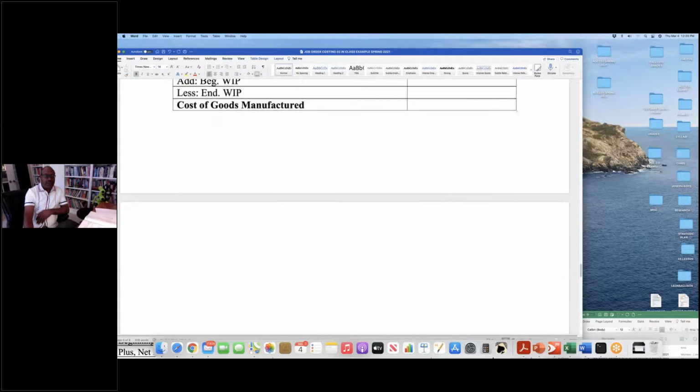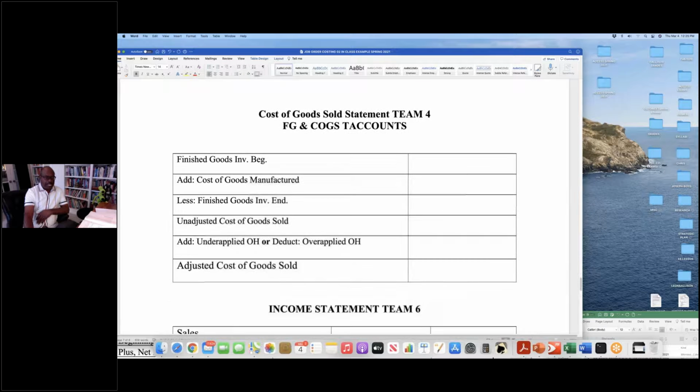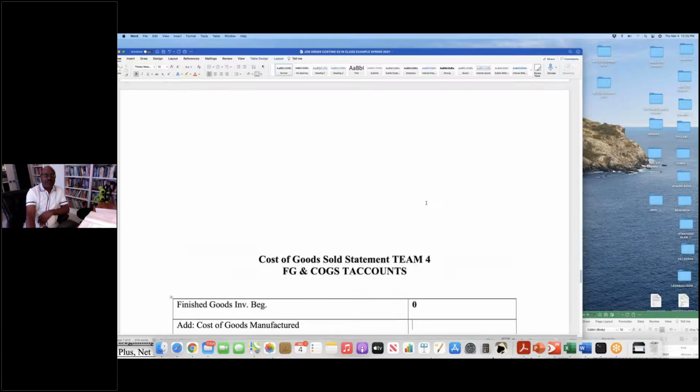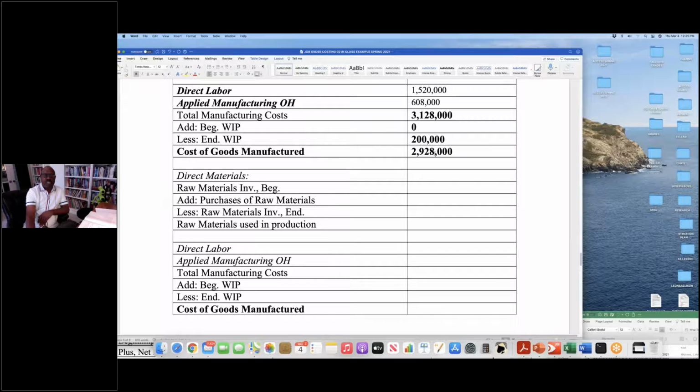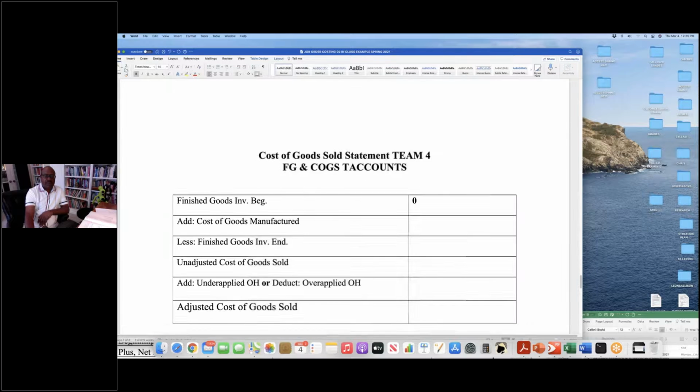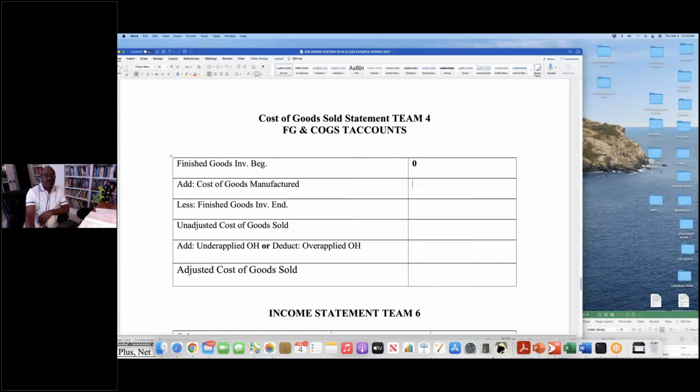Okay, so let's do this cost of goods sold quickly. We didn't have a beginning inventory. The cost of goods manufactured was 2,928,000, so we bring this down. The finished goods inventory was 732,000.